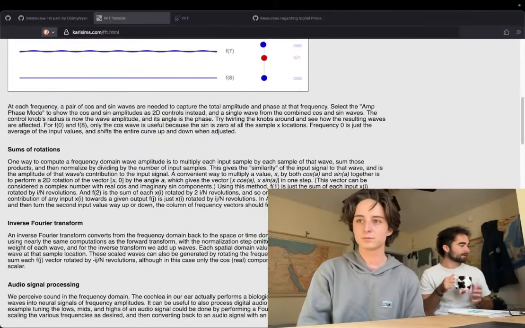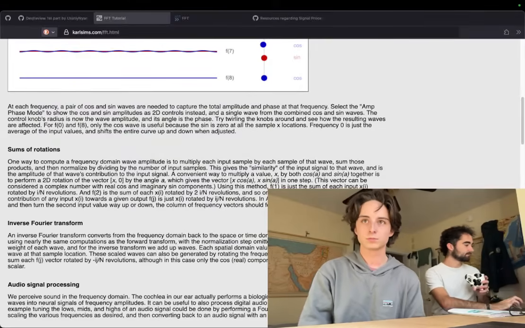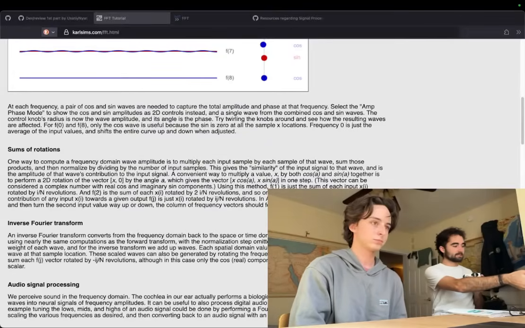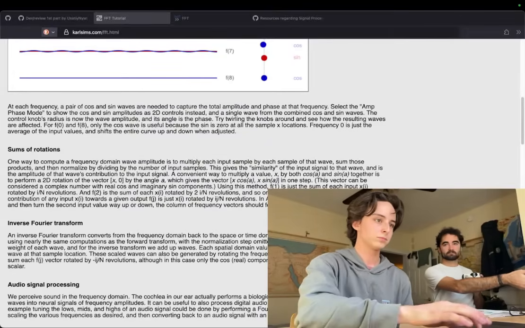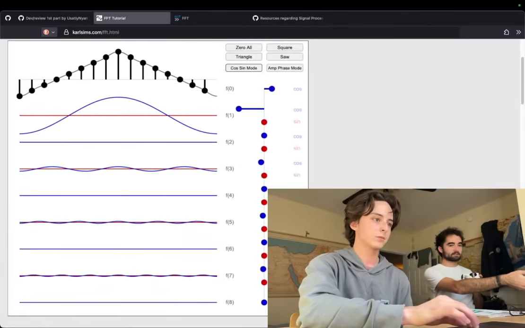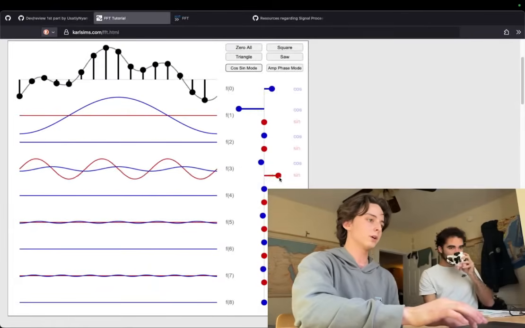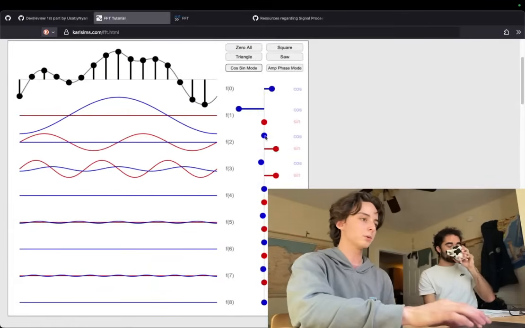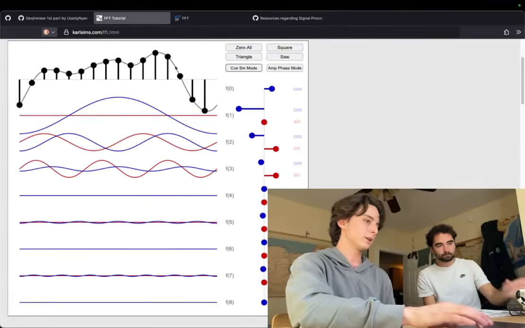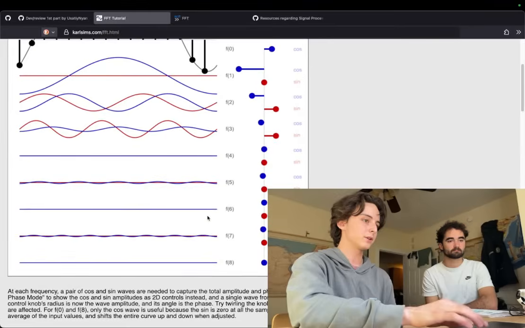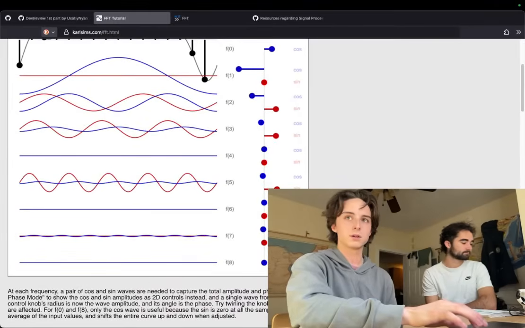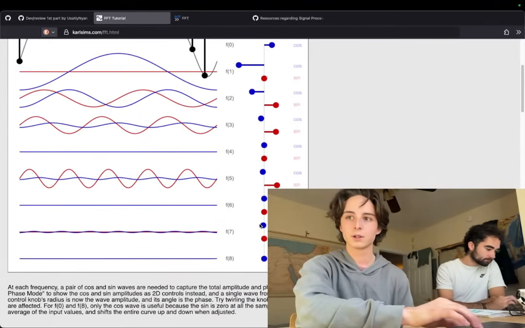Well, we have this demonstration right here. This is a Fourier series. Right, but I understand the theory of it pretty well, but what goes into the computation to actually take a wave and get these waves out of it? How does the math work? That's more what I'm wondering. Okay.